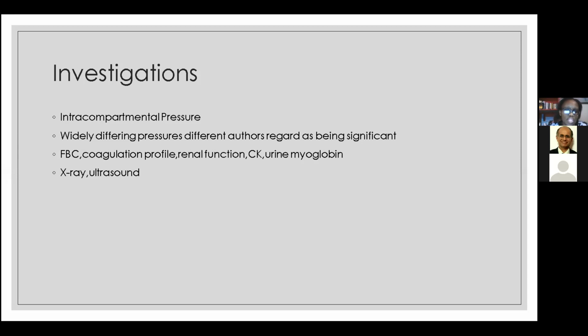And then with investigations, basically it depends on the cause of the compartment syndrome.